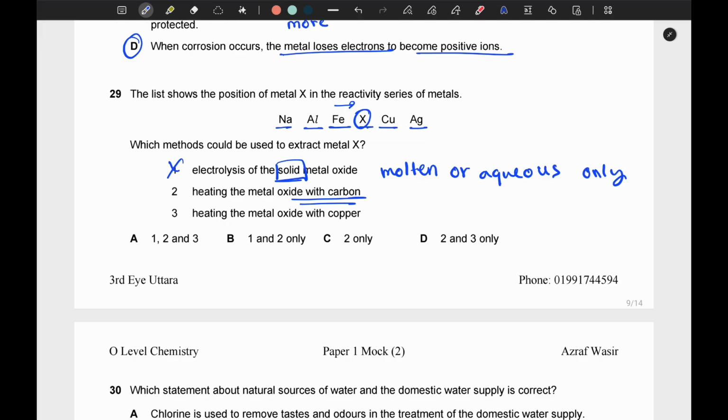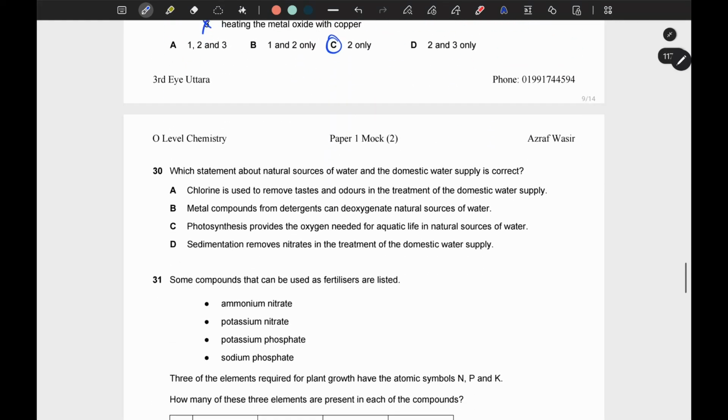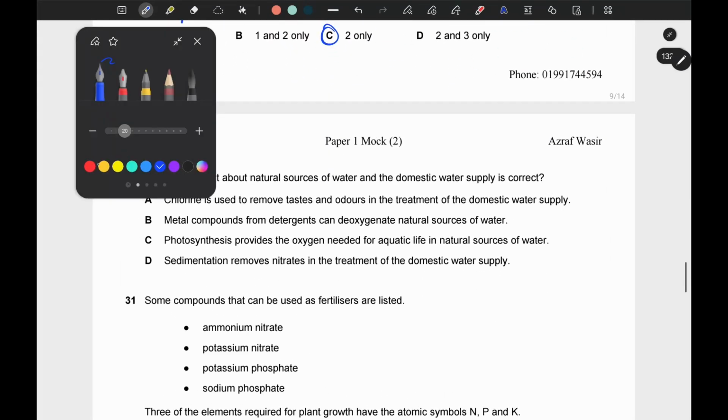So we will obtain the metal X. So 2 is fine, and then heating the metal oxide with copper. Now X is more reactive than copper, as we can see from the reactivity series. So copper won't be able to displace the metal from its oxide. As a result, number 3 doesn't work either. So in that case, the answer should be C, 2 only.